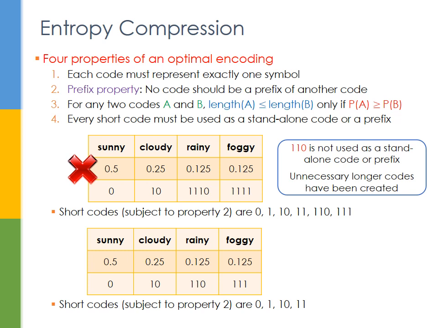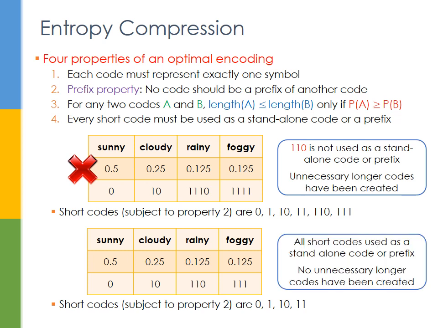Now, if we look at this encoding over here, the short codes that we need to consider, again subject to property 2, are 0, 1, 10, and 11. And what we see is that all of these codes are used either as standalone codes or as prefixes. So again, the code 0 is used as a standalone code over there. The code 1 is used as a prefix for these 3 codes over here. 10 is used as a standalone code, and 11 is used as the prefix of the 2 longest codes.